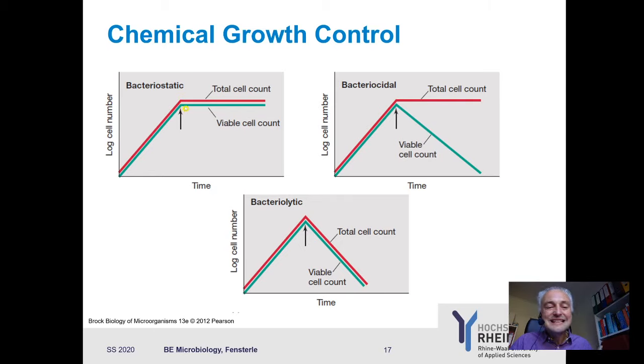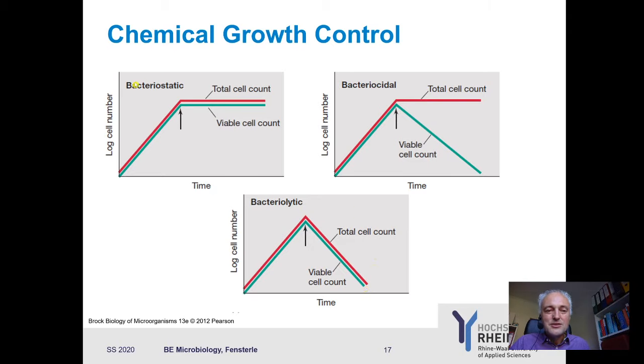But they're not killed. That's important. A bactericidal agent also kills the bacteria. So of course it also blocks growth, but at the same time it kills the microorganisms, so the viable cell counts go down. You still see the particles, so it doesn't lyse them, it's just killing them. And a bacteriolytic agent both kills and lyses them. So that's the basic difference.